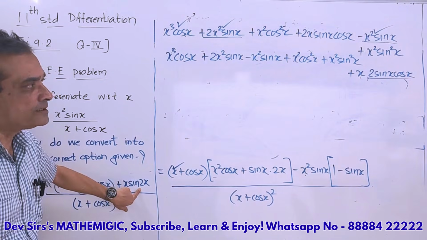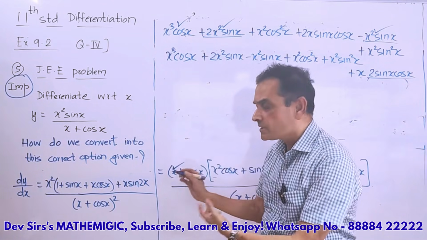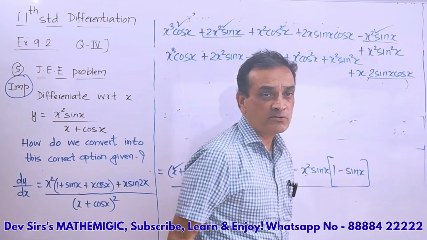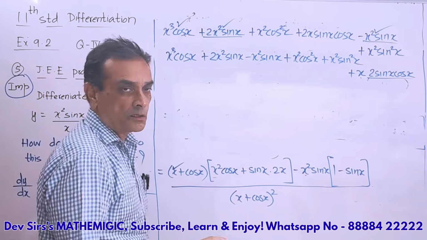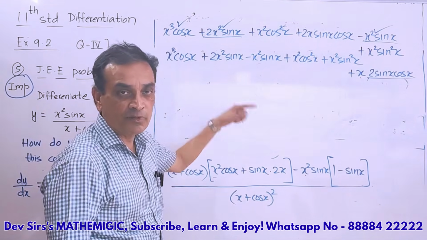That is the reason I have taken it out. We are just seeing how to convert the answer into what is required. Remember, a denominator is there. I will write it later. I am just simplifying the numerator.